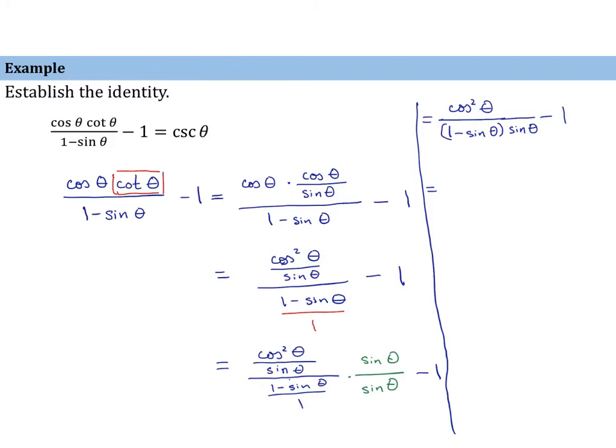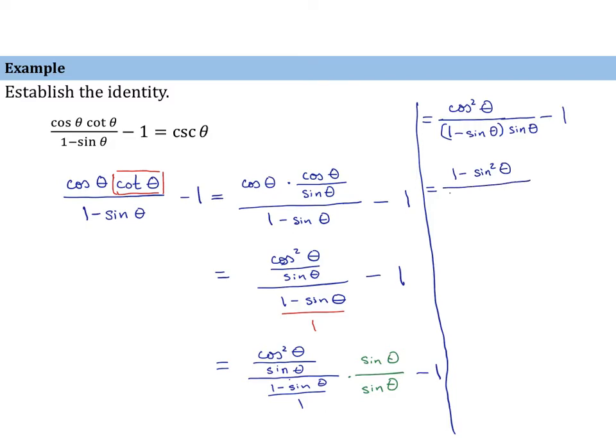Now, let's go ahead and take cosine squared of theta. And my initial assumption was that I could multiply this by 1 plus sine of theta and somehow simplify the numerator by canceling. But in fact, what I want to do is I want to take cosine squared of theta and rewrite it so that I see my difference of squares. And then I could cancel that out. So cosine squared of theta is 1 minus sine squared of theta.